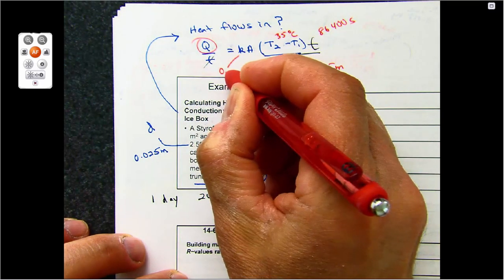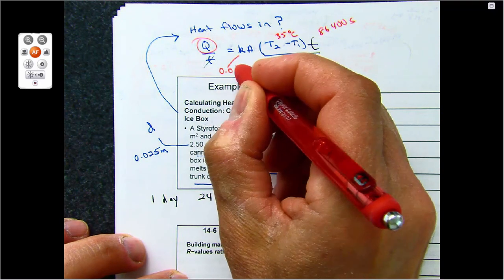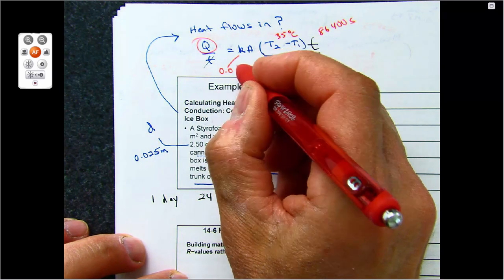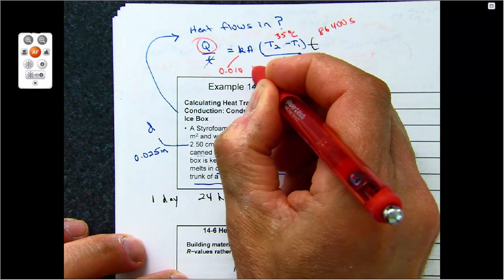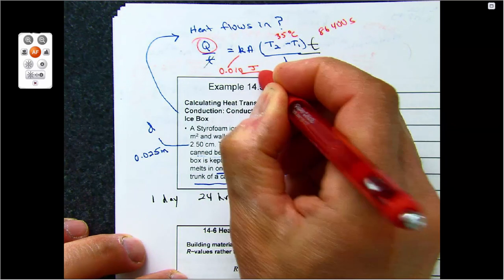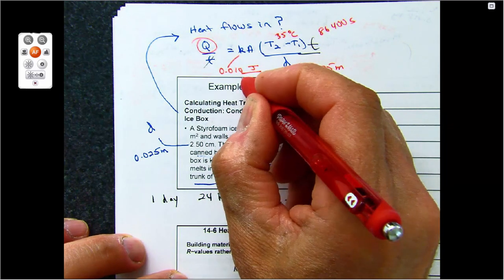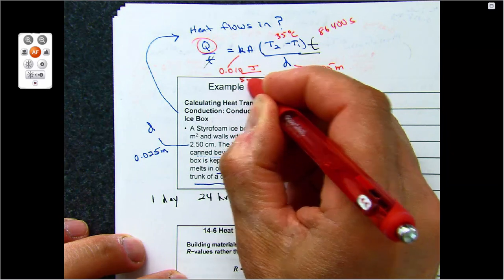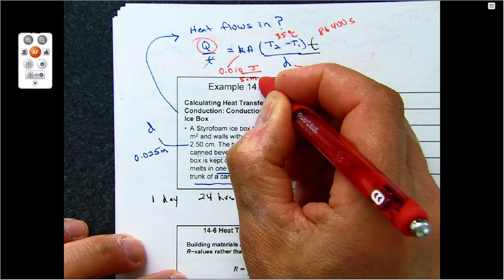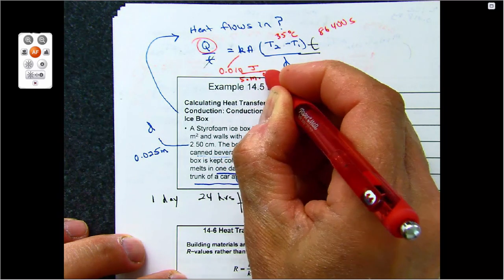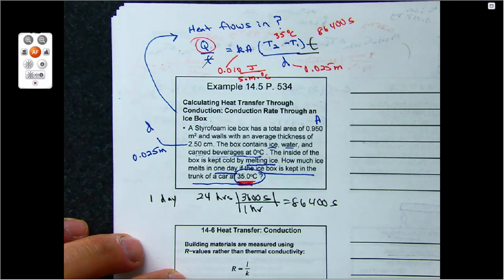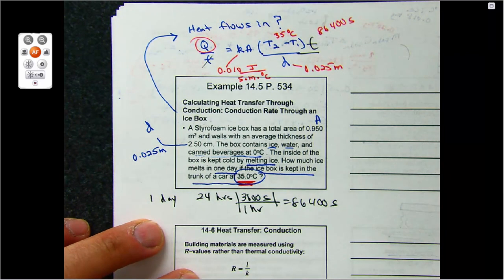This right here, I'll have to look in our book. I have 0.010 joules per second meter degrees Celsius. 0.01. Yeah, it must be in the book.